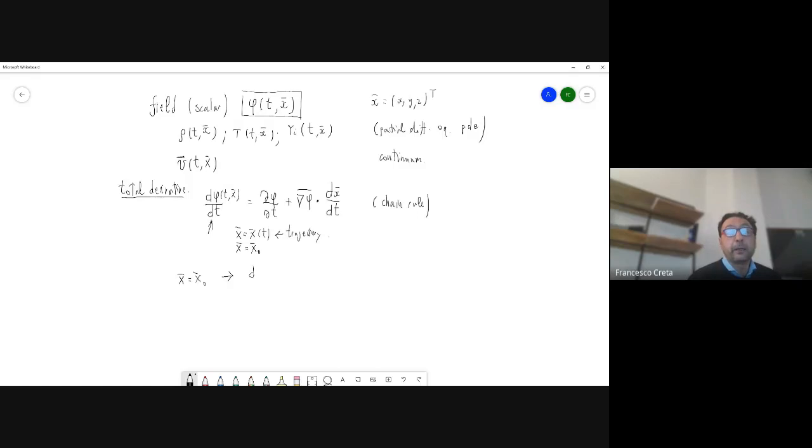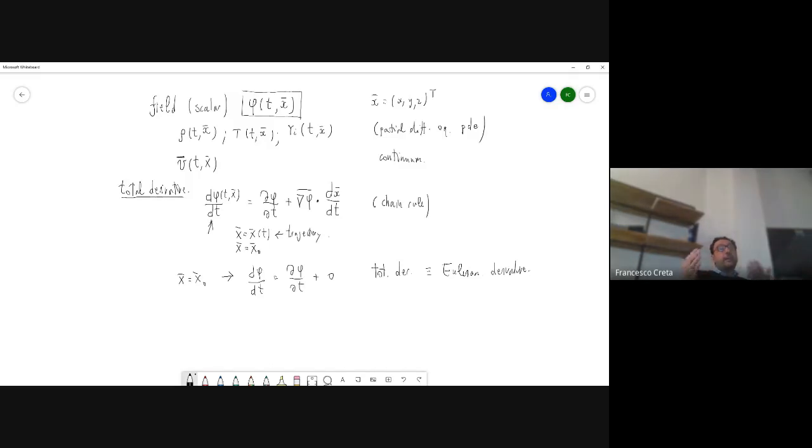And so the temporal derivative, d phi by dt, is essentially only d phi by dt plus the contribution, this term here, is clearly zero, okay? So the total derivative coincides with what we call the Eulerian derivative. Okay? So we're just fixing in one point, okay?